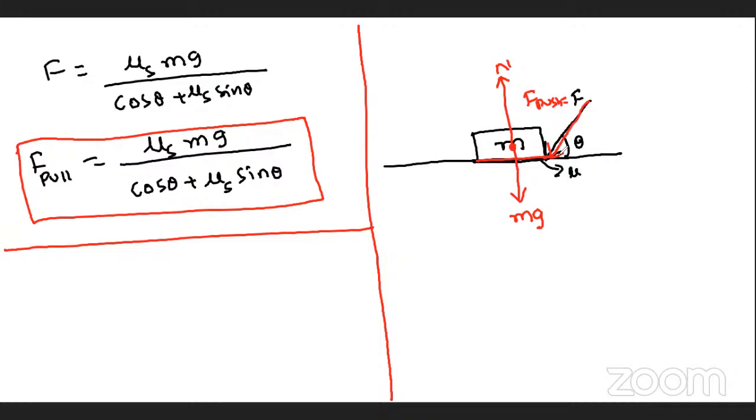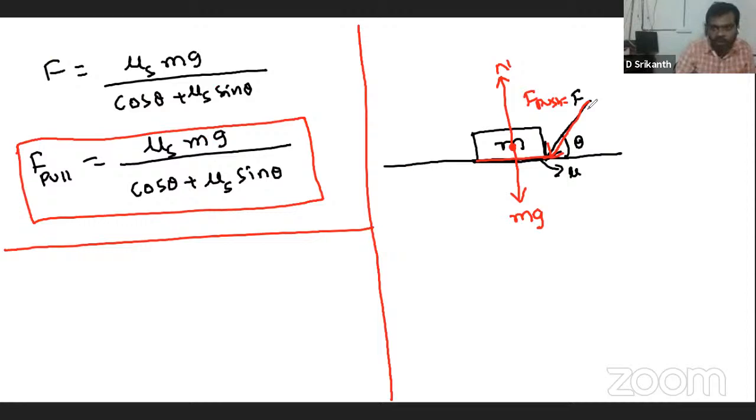To resolve it, we draw a perpendicular AB, and call this point C. In triangle ABC, angle ACB is equal to theta, and AC is equal to F.